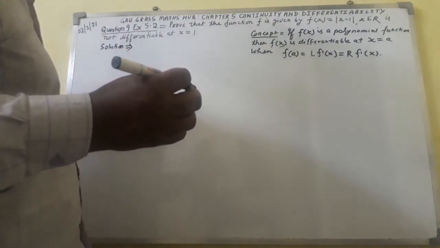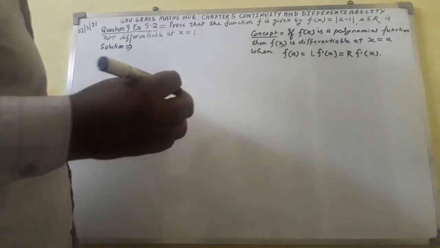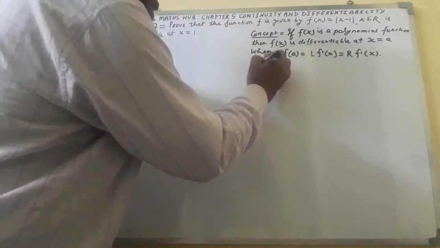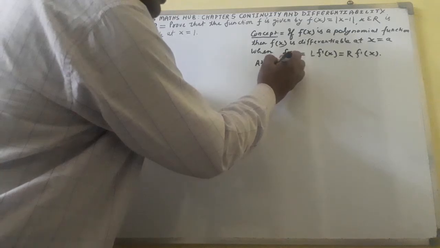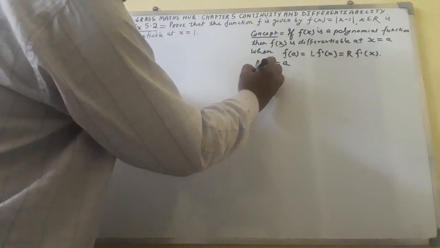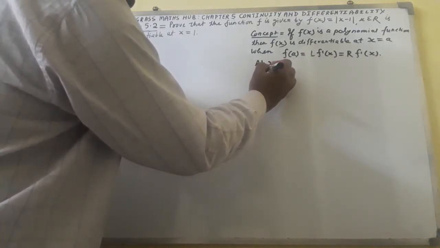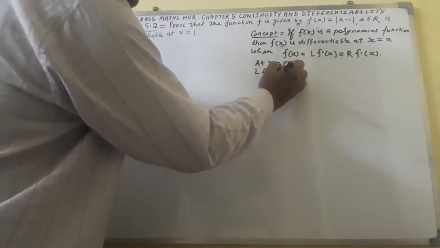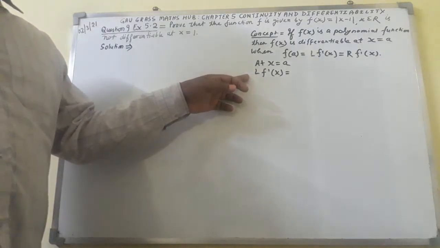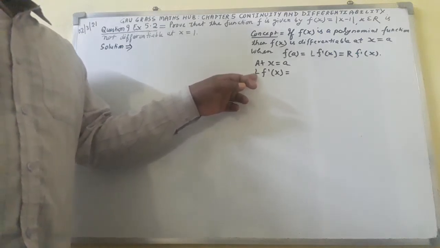Let us understand what is left hand derivative. So here I shall write at x equal to a, left hand derivative of f of x comes out to be, here you can see left hand derivative is there, here left is written.